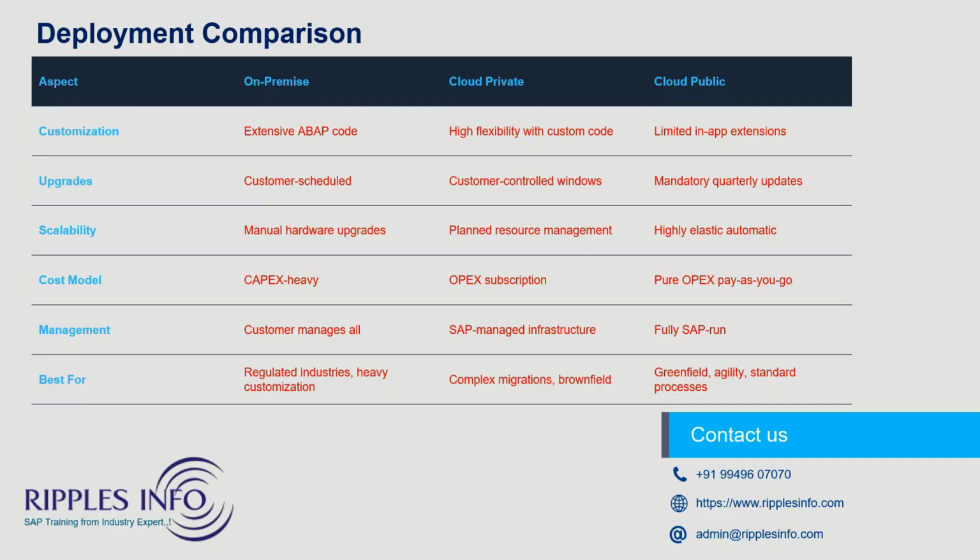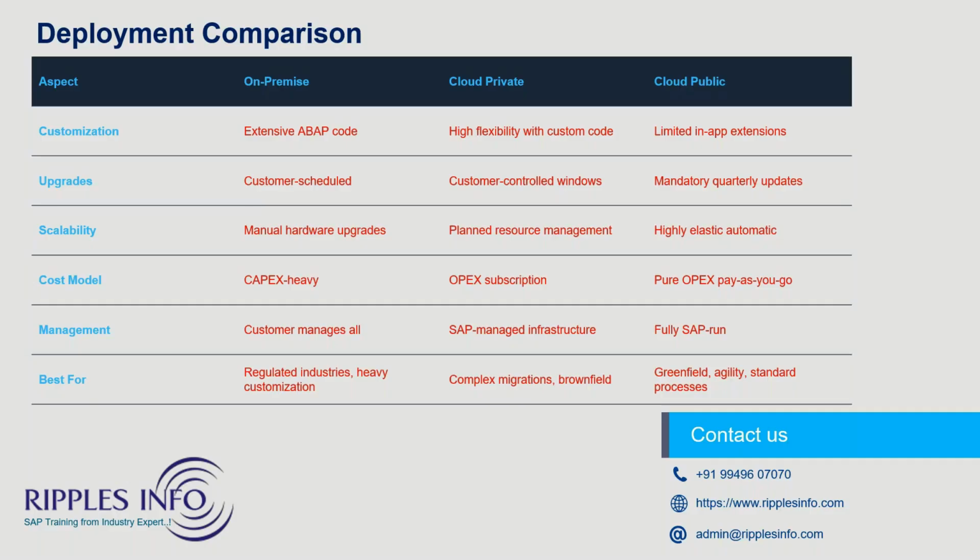Then there are customers who have the same kind of requirements, but they don't want to invest so much initially, and they don't want to take care of activities like infrastructure maintenance and operating system maintenance.